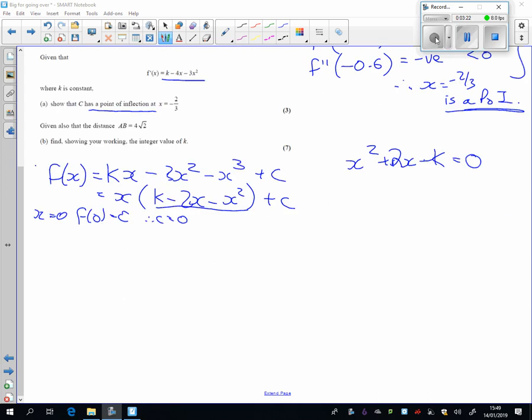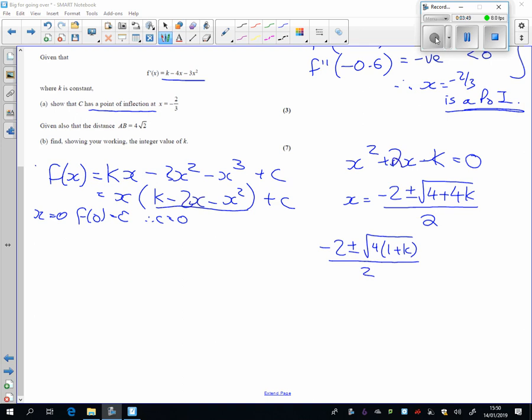So let's solve this. This gives me x equals minus b plus or minus the square root of b squared minus 4ac, all over 2a. Divided by 2, I've got minus 2 plus or minus the square root of 4 lots of 1 plus k, all over 2.